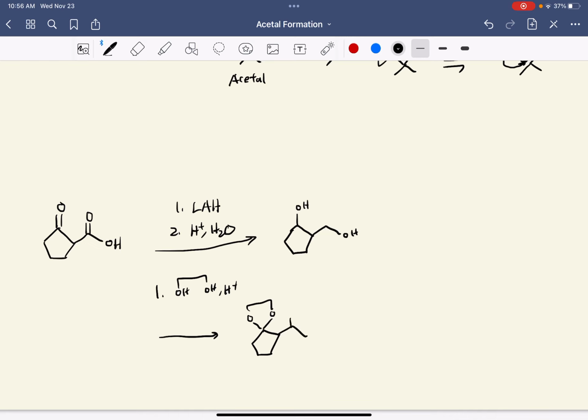And then remember, it only reacts with ketones, so the carboxylic acid wouldn't be affected. But once you react it with LAH, since it's no longer a carbonyl oxygen, it will no longer be affected, and thus the carboxylic acid will be the only thing that gets reduced.